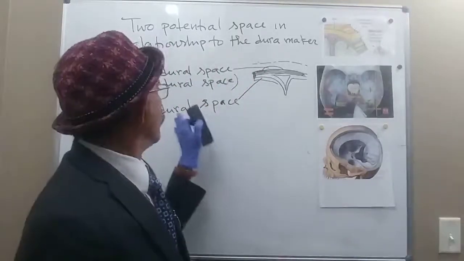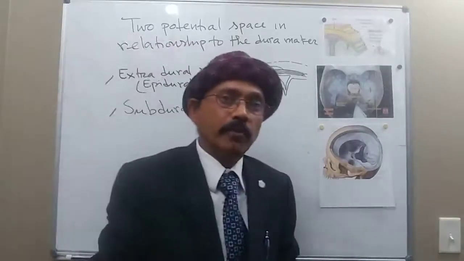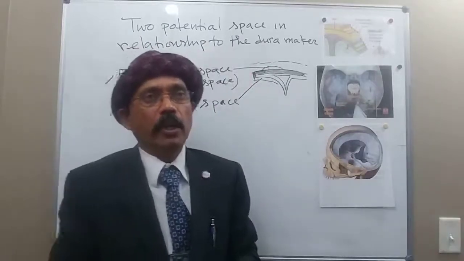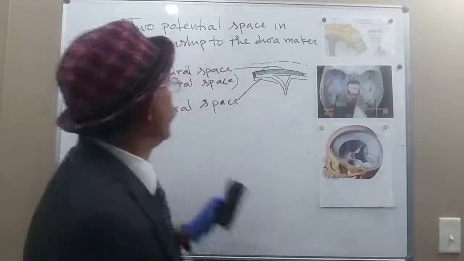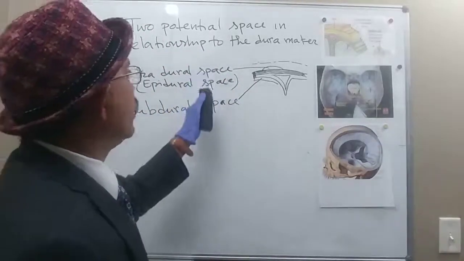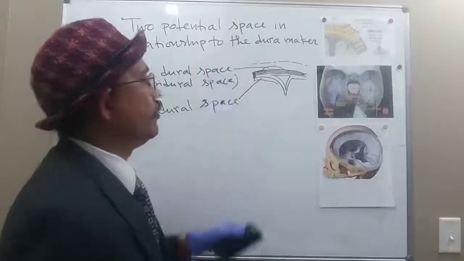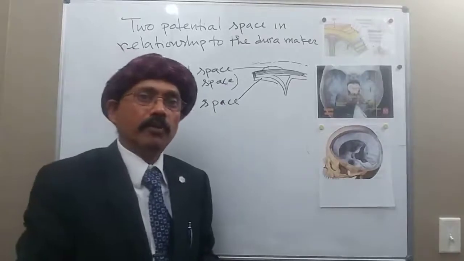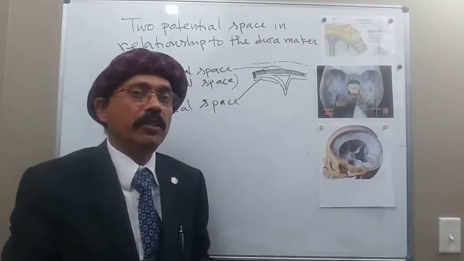And the subdural space is the potential space between the Dura matter and the Arachnoid matter. Okay. We got two spaces. Both the spaces are clinically important. Extradural space is the site where we may have bleeding from the middle meningeal artery.